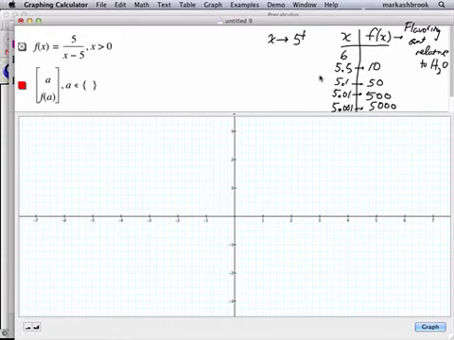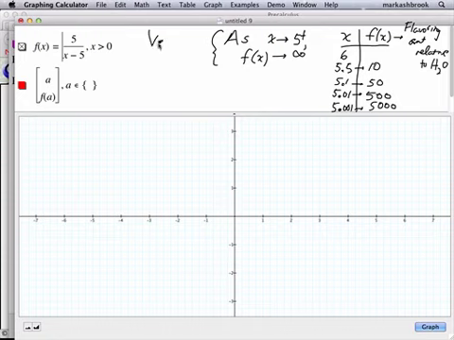So as x approaches 5, what does our ratio do? Is there a limit to this ratio of flavoring to water? No. So it goes to infinity, just like the last one. Okay? Again, this is the idea of a vertical asymptote.